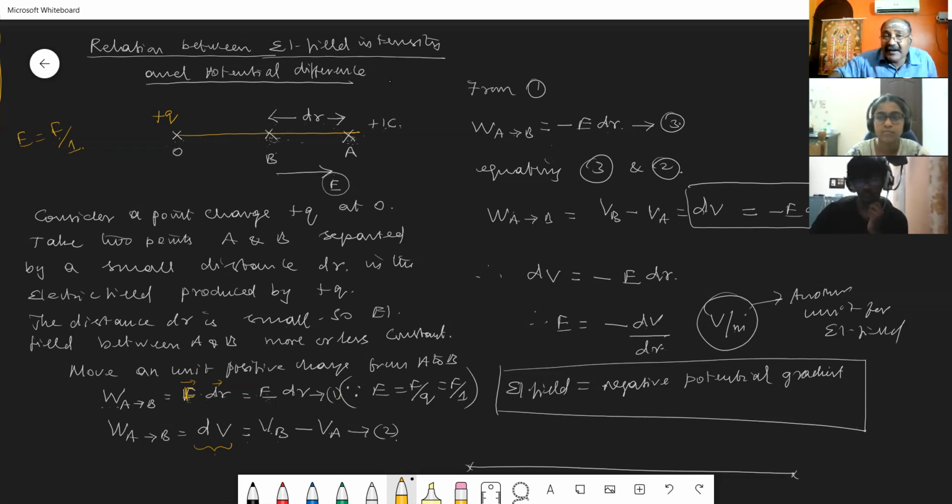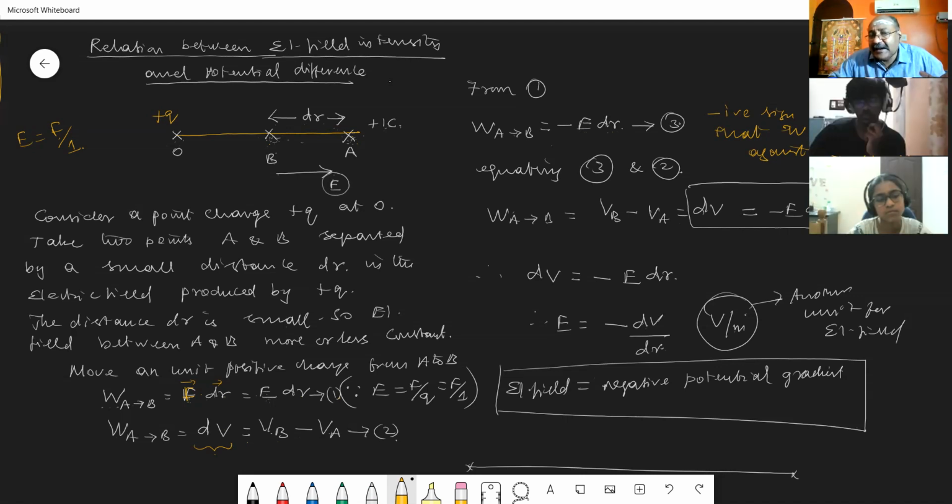For equation number 1, instead of writing work done as E into dr, I have written it as minus of E into dr because the negative sign indicates that the work done is against the electrical force or against the electrical field. So in order to represent that the work is done against the electrical field, I have represented the work done with a minus. So work done from A to B is minus of E into dr.